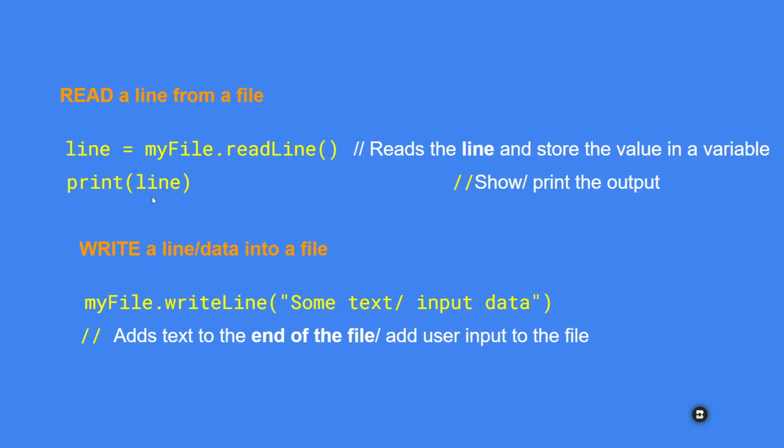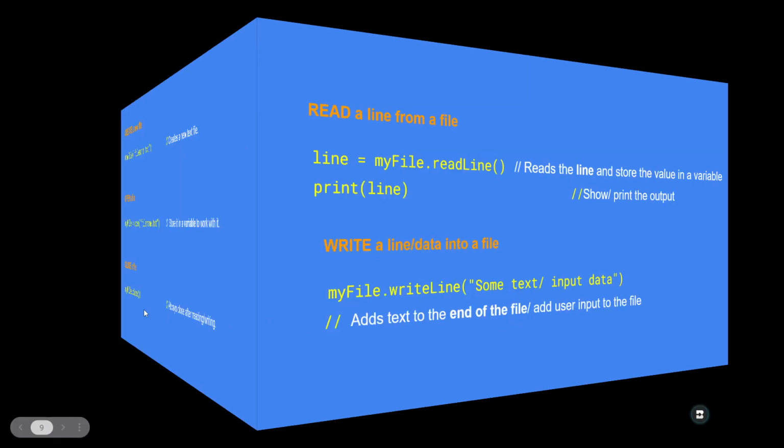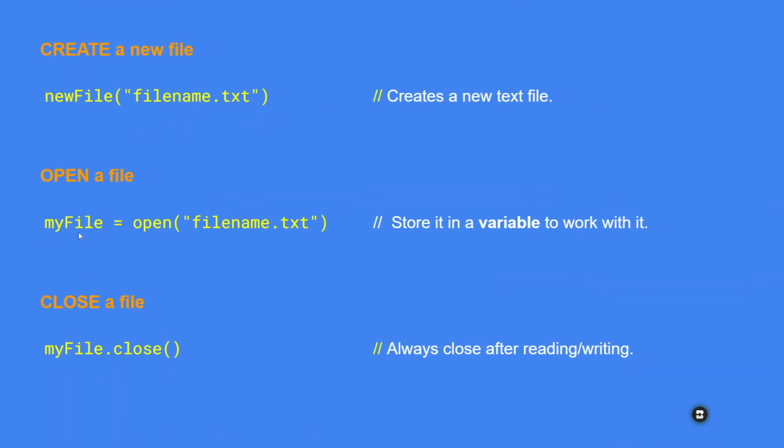Same way, when you are writing, you're not reading it, right? So that means you do not need to write print something, and that is the reason we do not need any other variable. We just simply write my file. Remember, this my file is what we are pointing at.